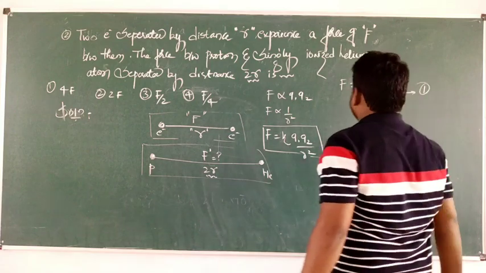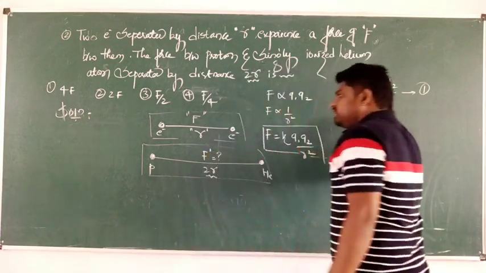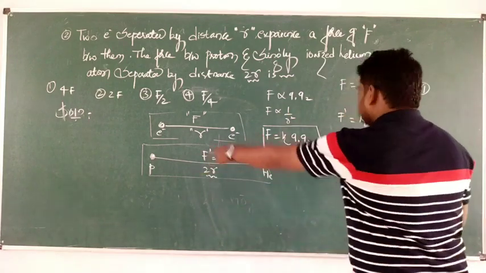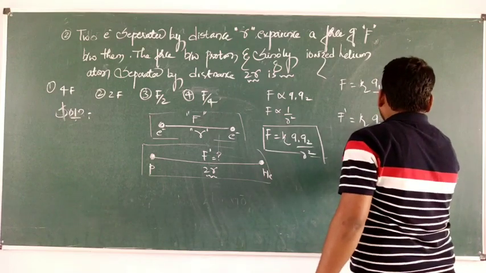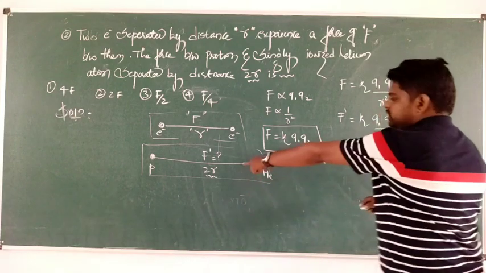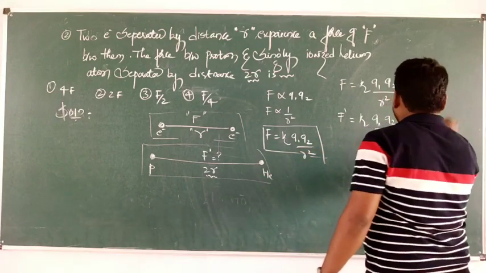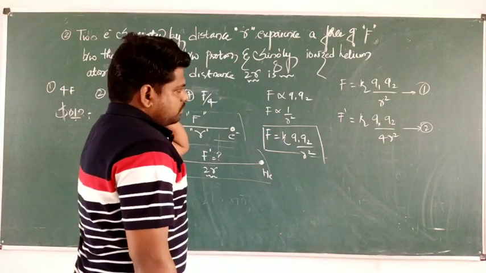We will call this equation 1. Next, I don't know the force, I have to calculate this F dash. K is the constant, again there are two charges, Q1 Q2, divided by, if I square the distance, 4r square. I'll call this equation 2.